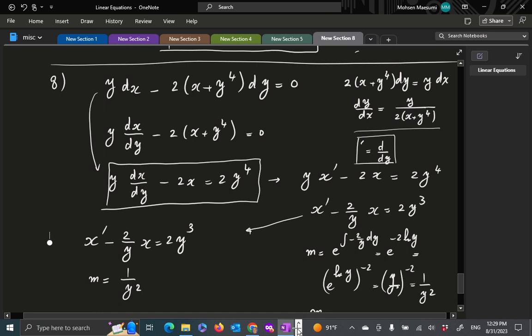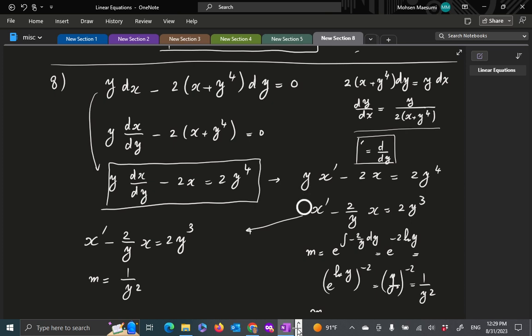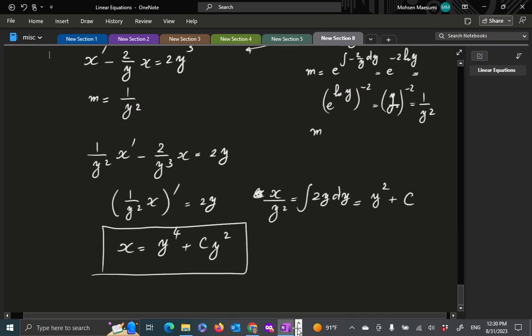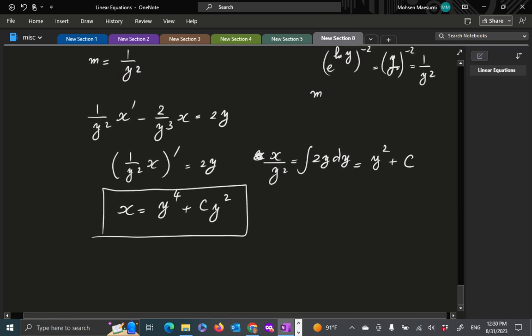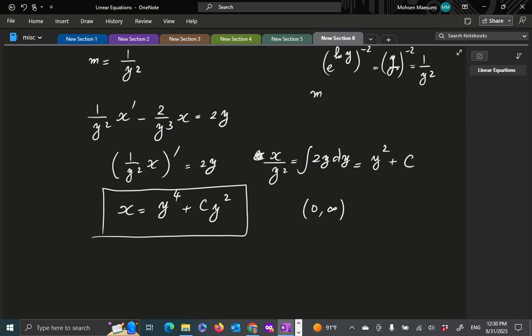Again, remember that for our domain, when we divide by y here, it's quite obvious that y equal to 0 is going to be a problematic point for our equation and solution and everything. And our domain, therefore, we have to either go on the positive side or the negative side, and here we just choose the positive side.